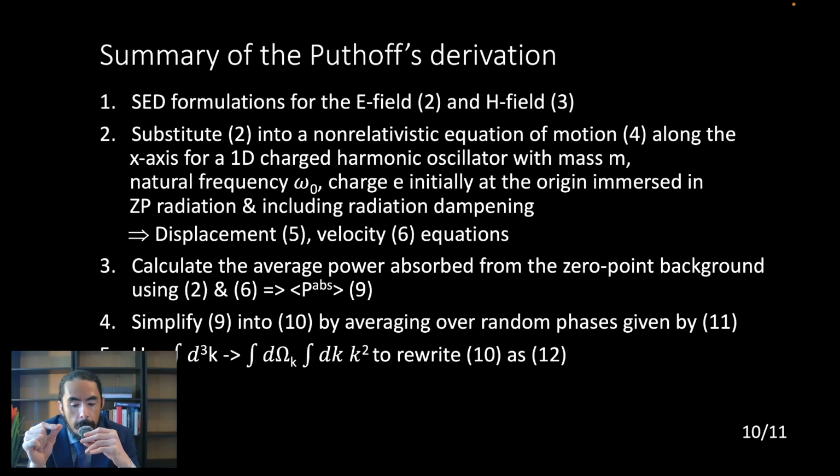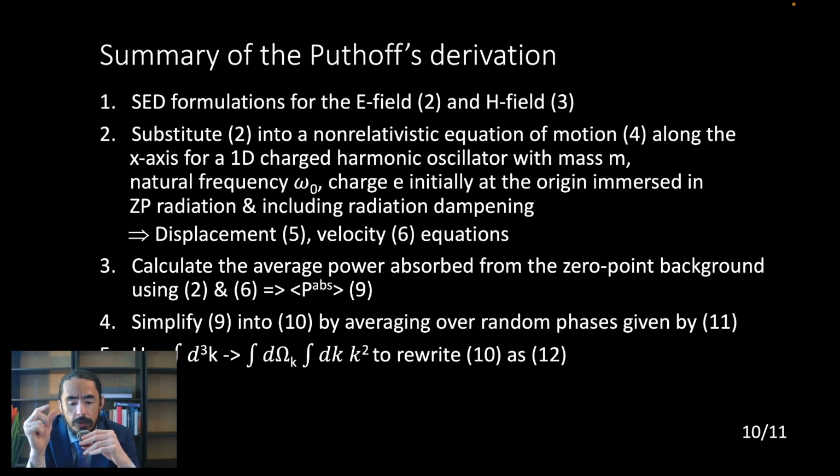This is denoted by capital P with a superscript ABS. So it's power absorbed, and then it's enclosed in these angle brackets. And of course, enclosing quantities in angle brackets denotes that this is an expectation value. And another way of thinking of an expectation value is it's an average.